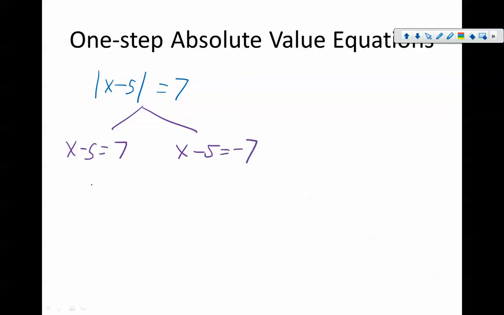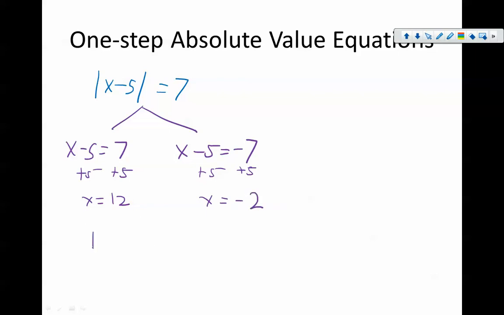So notice how I created two equations to solve this one absolute value equation. This one has a distance of positive 7. This one has a distance of negative 7. If I solve both equations, I should get the two values. So I have 12 and I have negative 2.